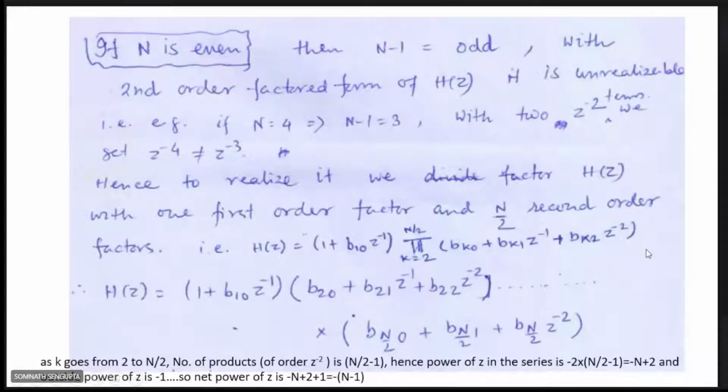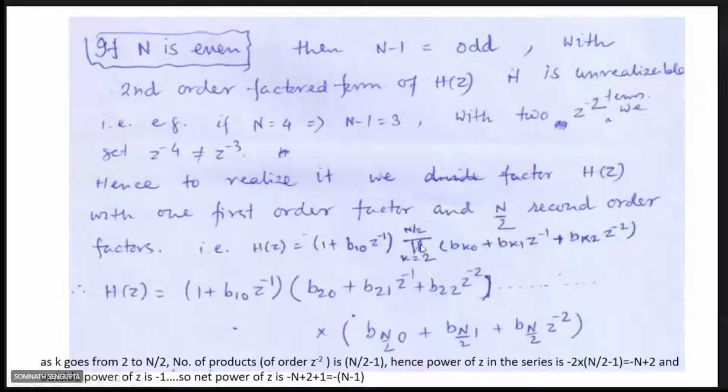Now, apart from this, one another term is there, having 1 plus b10 z inverse. The z inverse will add one more order to z.